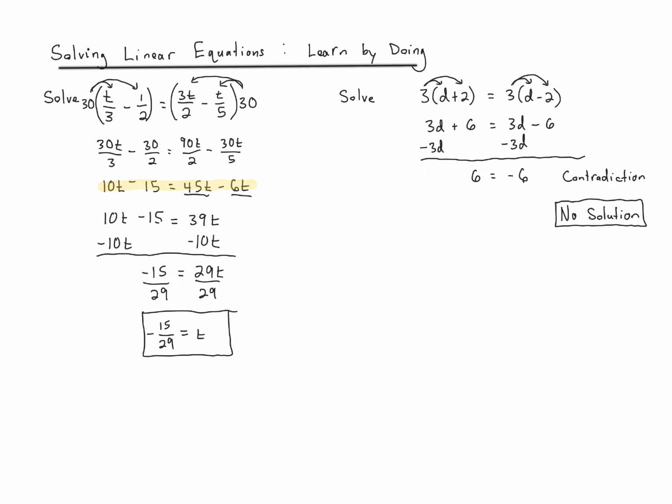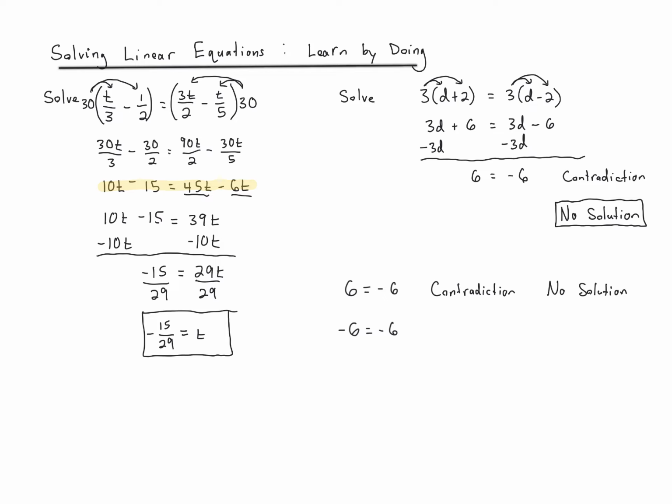Now, the last thing I want to talk about: in this problem, we said that 6 equals negative 6 was a contradiction, which gave us no solution. What happens if we were to have a true equation, such as negative 6 equals negative 6?